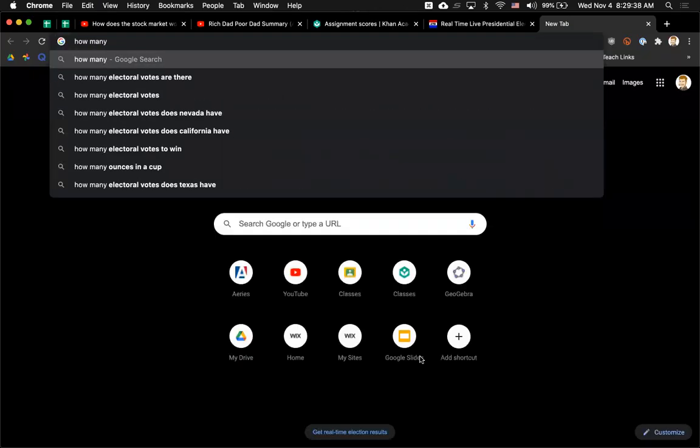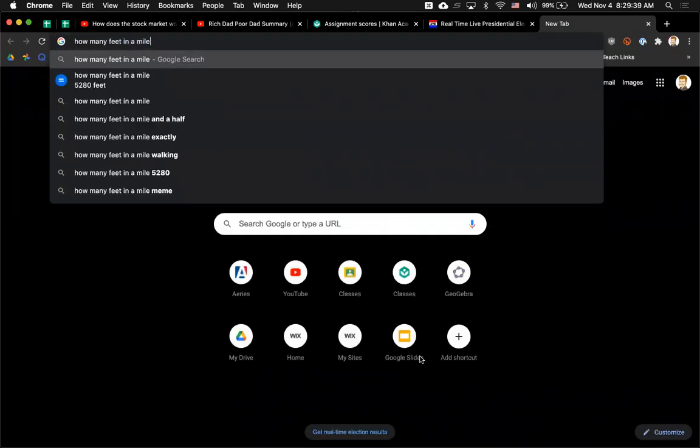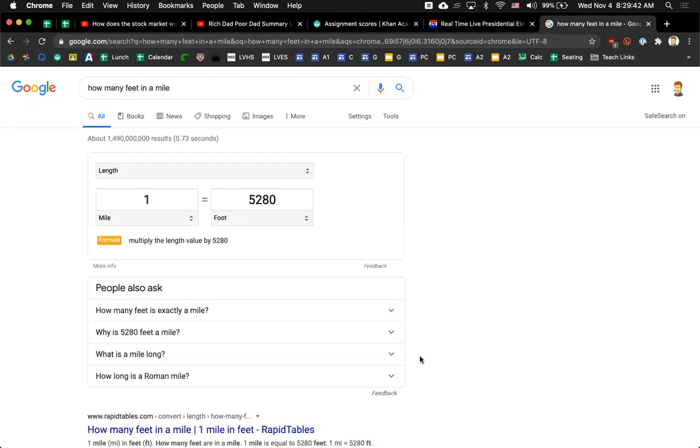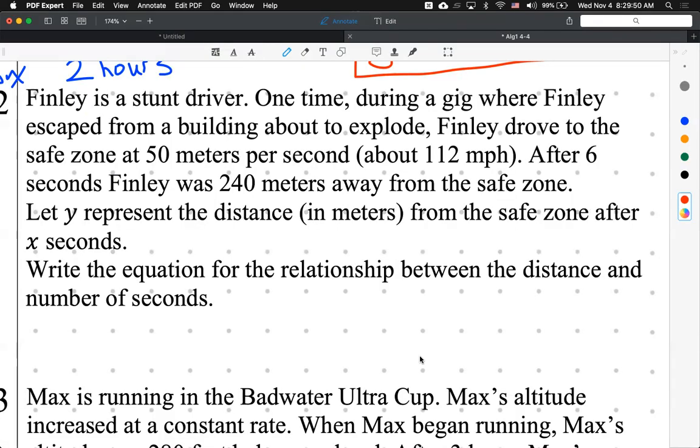How many feet in a mile? 5,280. Isn't that such a weird number though? Wouldn't it be better if it was like 100 or 1,000? That's meters. Meters is 100 or 1,000. How many meters are in a kilometer? It's 1,000. So if you're talking about kilometers per hour, it's a better unit of measure. Anyway, we're talking about meters per second in this case.